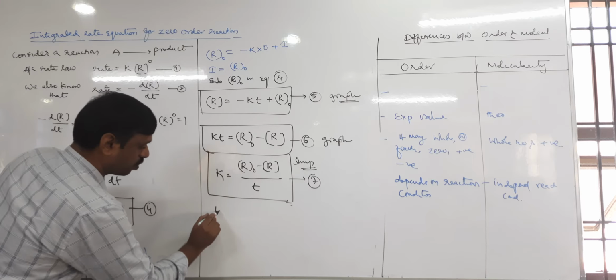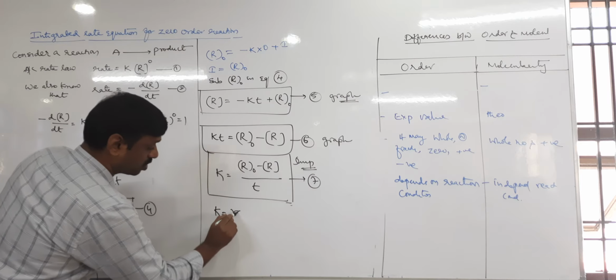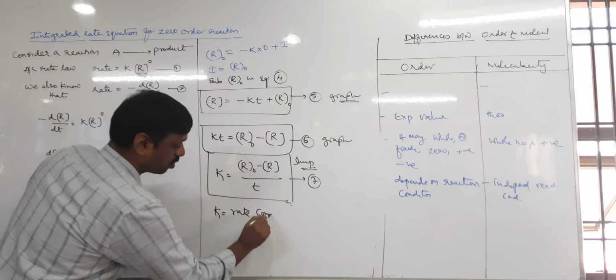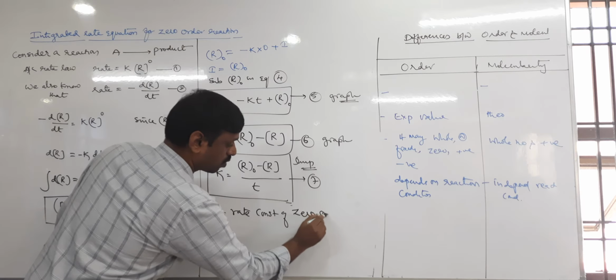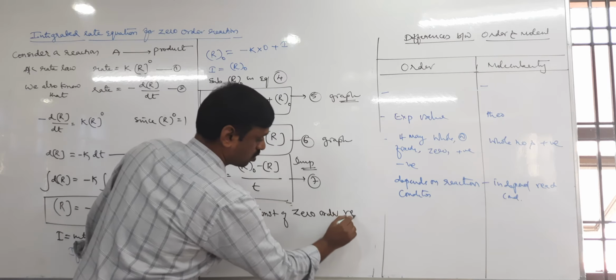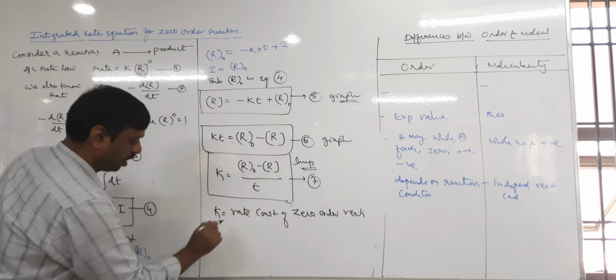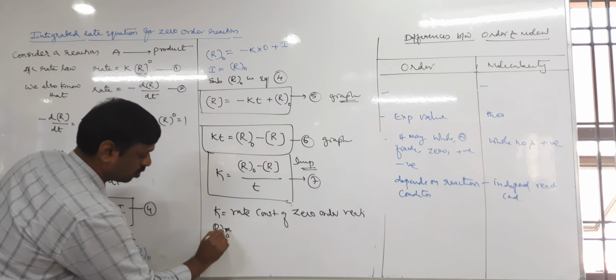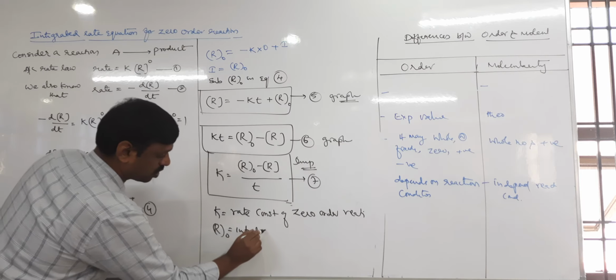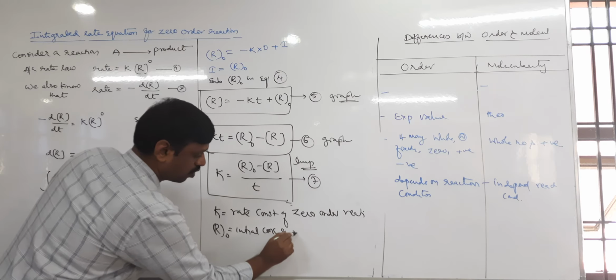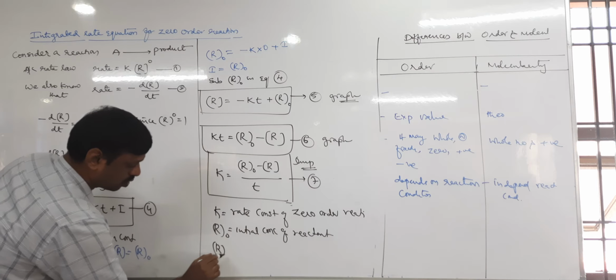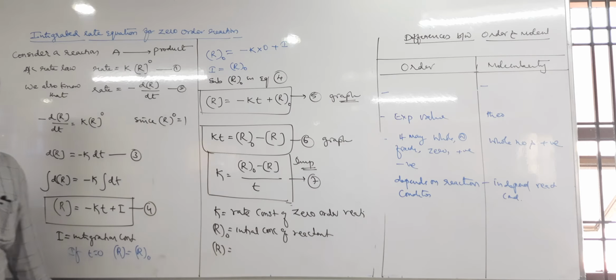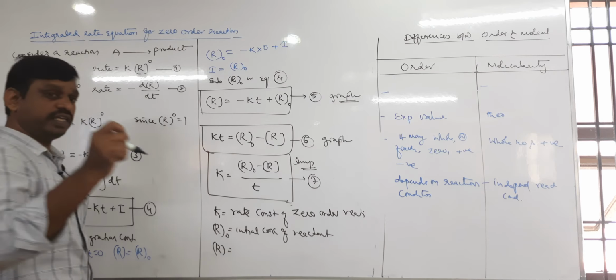Where K is the rate constant of zero order reaction. Then R naught equal to initial concentration of reactant, and R equal to concentration of reactant, but at what time? After time t.